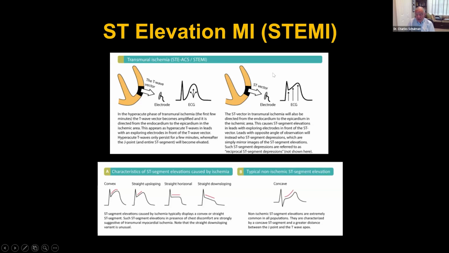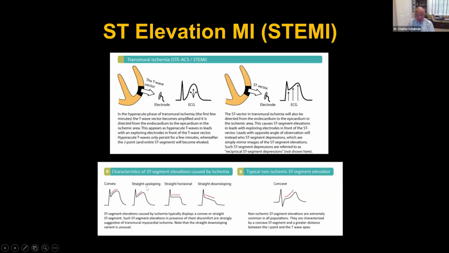This was previously thought to be transmural as opposed to subendocardial. That's not so accurate anymore, but the ECG changes remain the same.